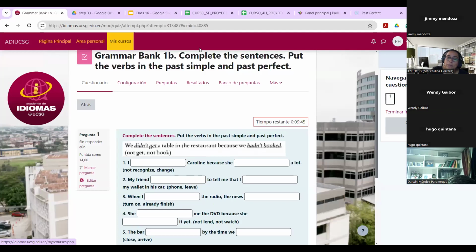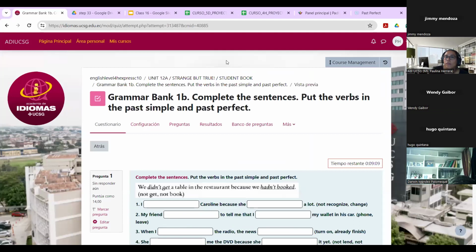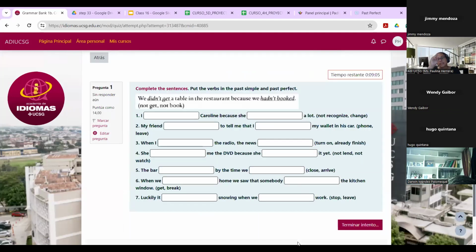Put the complete word. Had. Don't put apostrophe D. Don't use contraction. Put the complete word and remember to use the correct apostrophe in the negative. So go for it. 10 minutes, please. The two exercises.